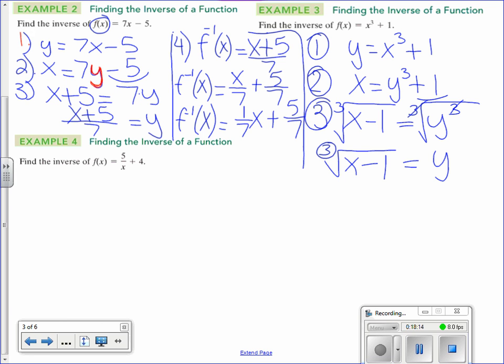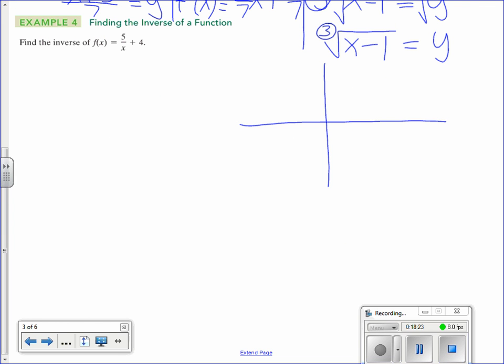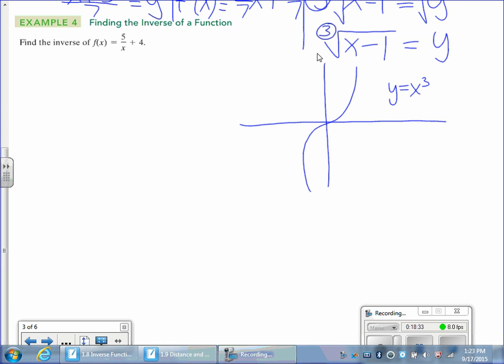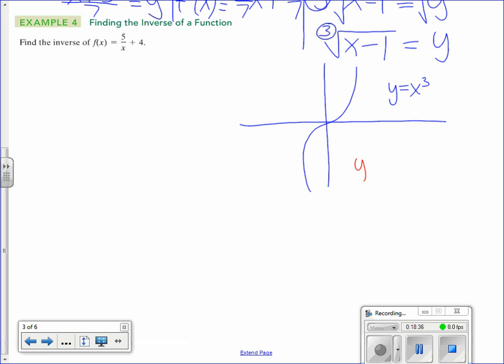And I don't know if you guys remember from section 1.6 when we went over some of the parent functions, we had the cube. Let's say if I graph y equals x cubed, it looks like that. And if I was to graph y is equal to the cube root of x, it will look like that.